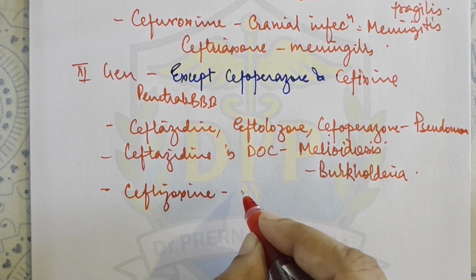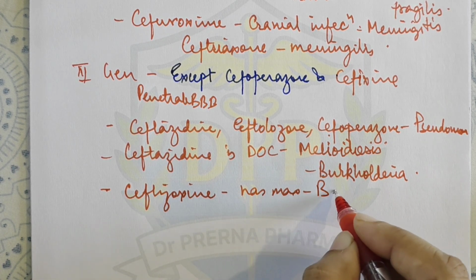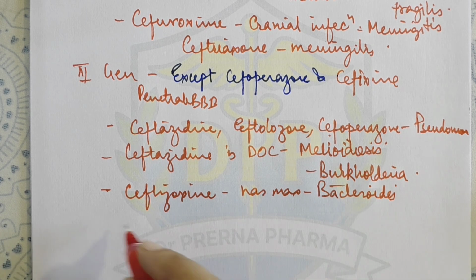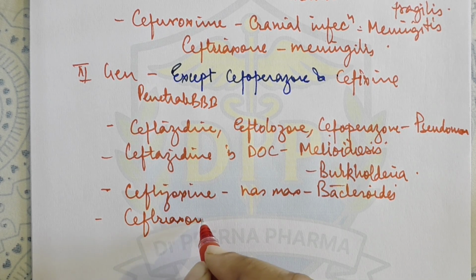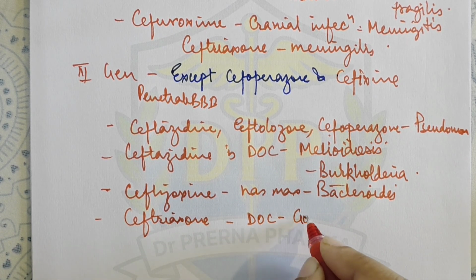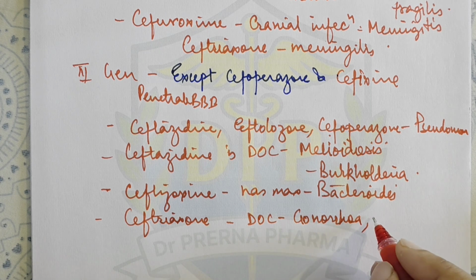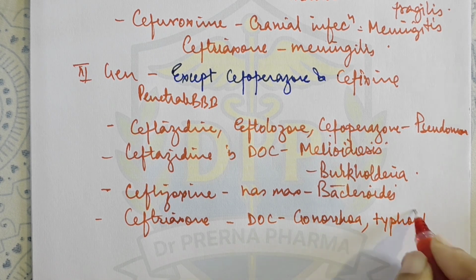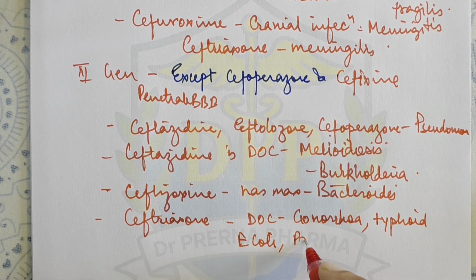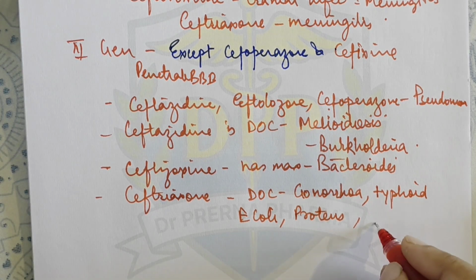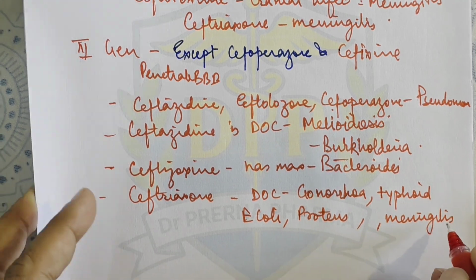Then ceftriaxone has maximum activity against Bacteroides. Ceftriaxone is the drug of choice for gonorrhea, then typhoid, E. coli, Proteus, and also for meningitis, right?